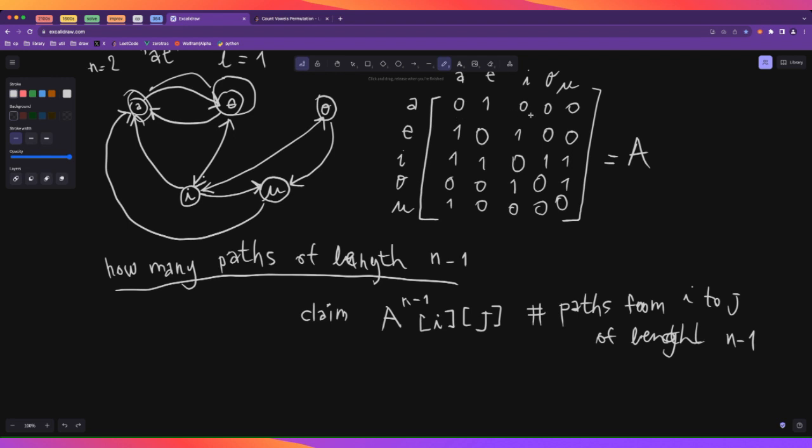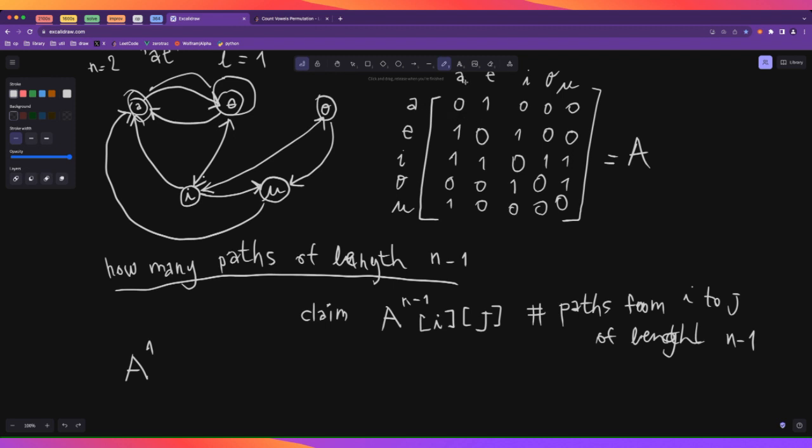So here again, you can prove this by induction. In the case of A to the 1, it is obviously true because we have a 1 when there is an edge from a node to another, and that's how many paths there are.